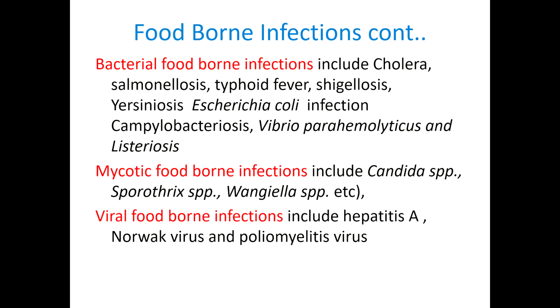These are the organisms that cause foodborne infection. Campylobacteriosis means infection by Campylobacter, and Vibrio parahaemolyticus. These are organisms which cause foodborne infection. Mycotic foodborne infection: myco means fungus. Candida species, Sporotrichum species, and Wangiella species are some fungi that produce foodborne infection.